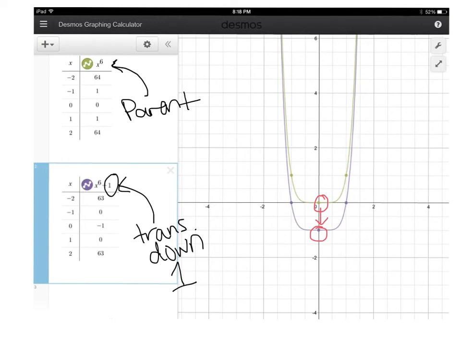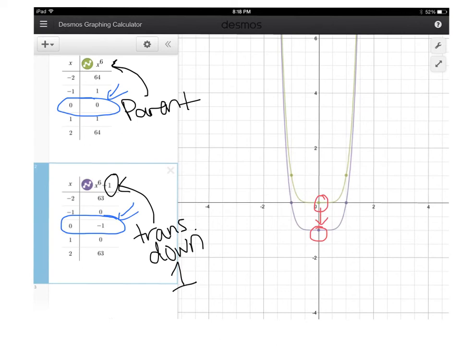And we can confirm that in the table here, the parent function has a minimum at 0, 0, where our minimum for x to the 6 minus 1 is at 0, negative 1. Negative 1 is the lowest y value here, whereas 0 is the lowest y value in our table for the parent function.